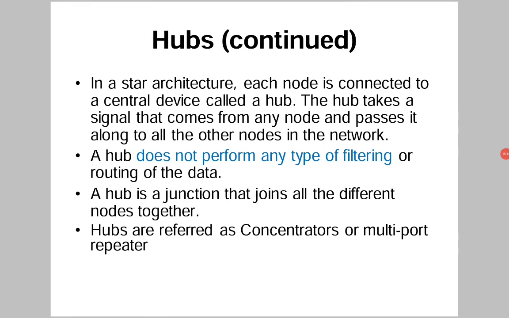In a star architecture, each node is connected to a central hub. The hub takes a signal that comes from any node and passes it along to all other nodes in the network. A hub does not perform any type of filtering or routing of the data.